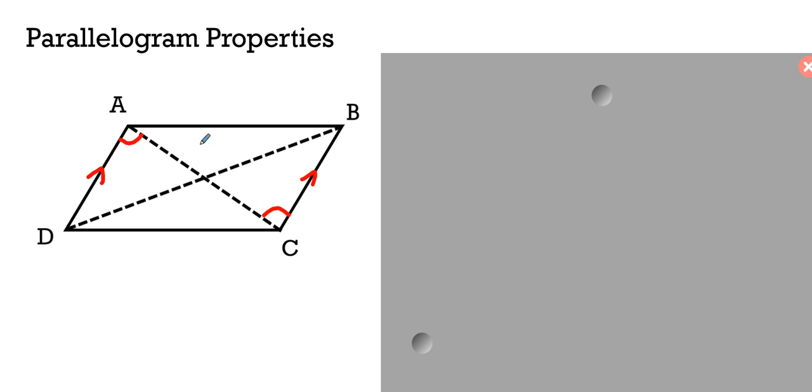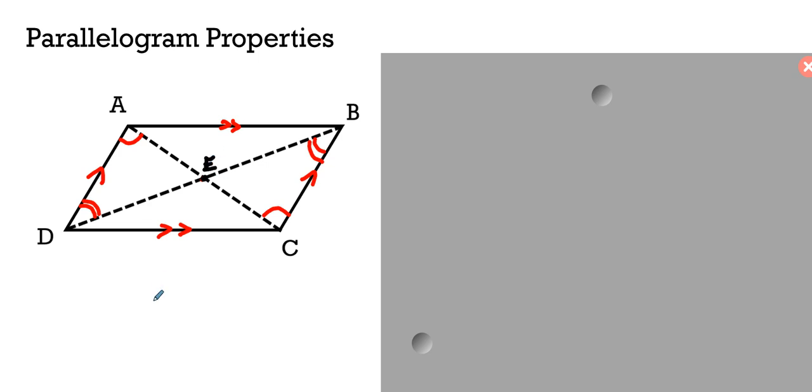And since I also know that AB is parallel to DC, I can make the same statement about this angle here and this angle here. And if I name this point here, we'll give it point E.